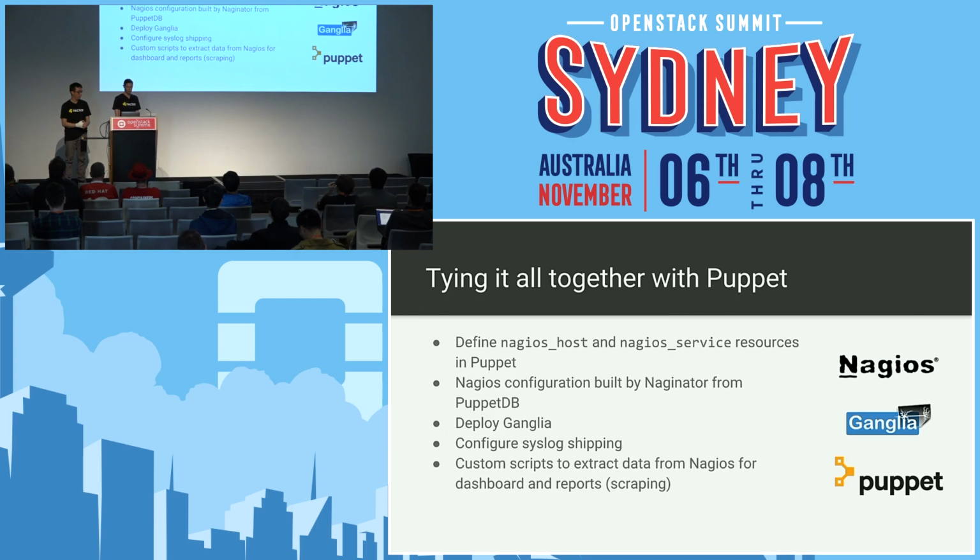For anyone else who's doing this, once they get to a certain size, Puppet generating that config for Nagios can get really slow and really fragile. So we're using a tool called external Nagiator, which connects directly to PuppetDB and queries it for the Nagios resources, the Nagios host and service definitions attached to those hosts, and generates the Nagios config for us using that.